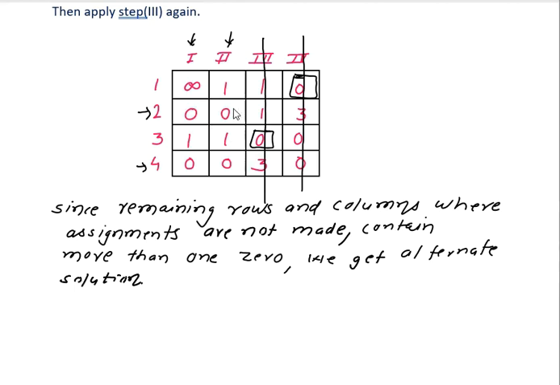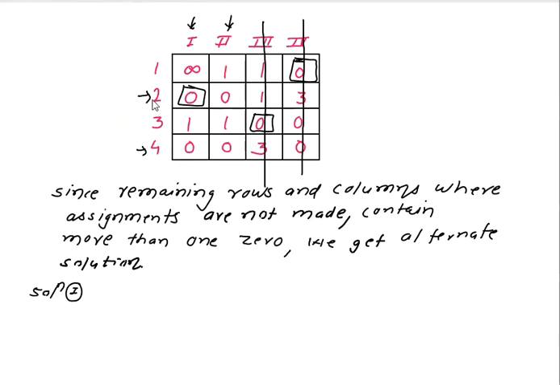So let us make an assignment for the second row in the first column, and for the fourth row there is a choice, either in the first column or in the second column. So in the first solution, we make an assignment for clerk number 2.